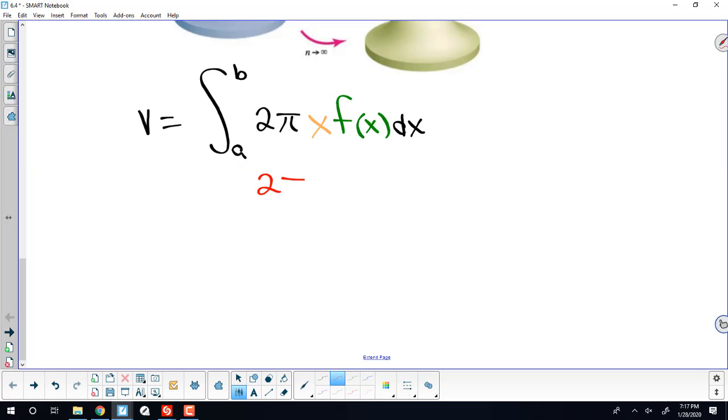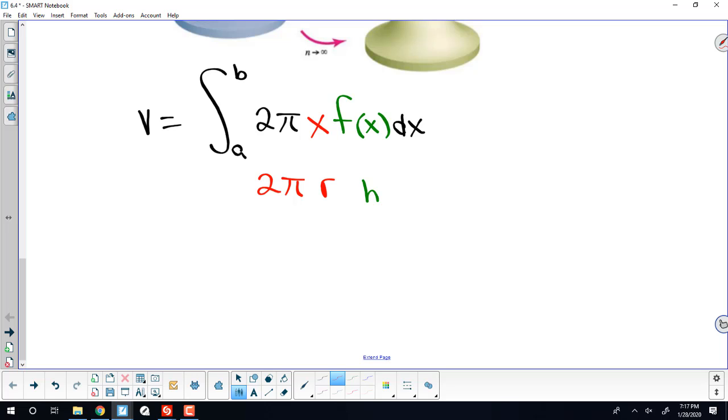So there's our 2 pi r times h. This is our formula when we're finding volumes when we slice parallel to the axis of revolution.